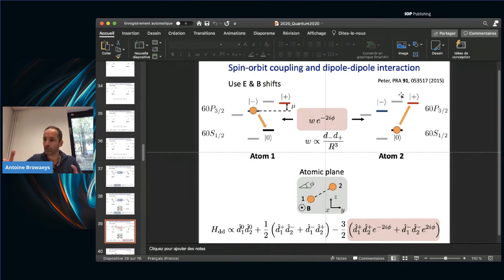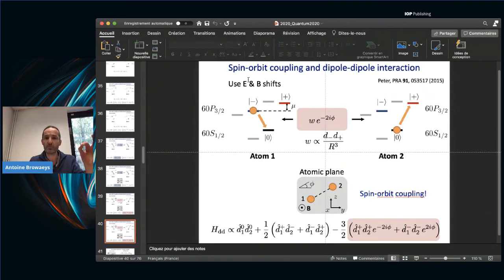So you do not conserve the internal state of the atom in this way. And of course, this is an off-resonant process because there is an energy mismatch, mu, with respect to those two states. The thing which is very important to realize is that here there is now a phase factor which depends on the geometry. And this actually implements a spin-orbit coupling in the following way.